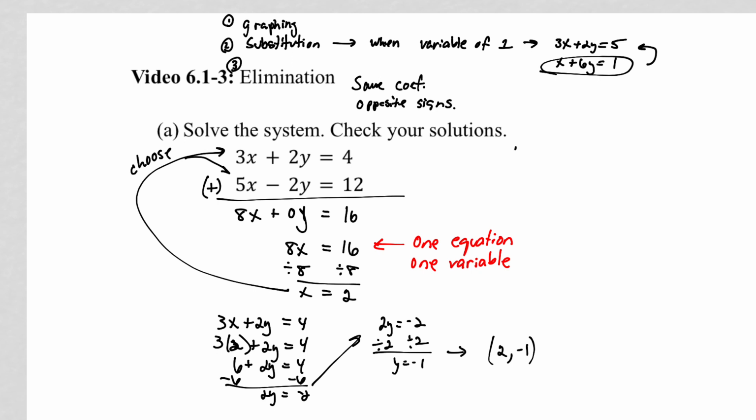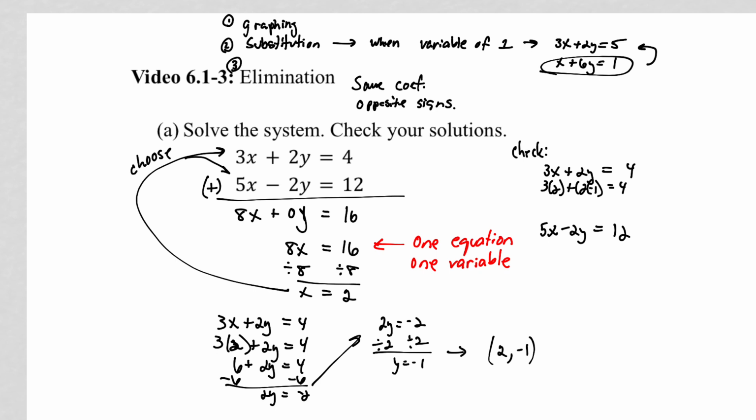And you can see this when we go ahead and check our solutions here. So I need to check that point in both equations. So let me write both equations here. And then I'm going to substitute them in. Equals 4. Oops, I put my parentheses in the wrong place there.